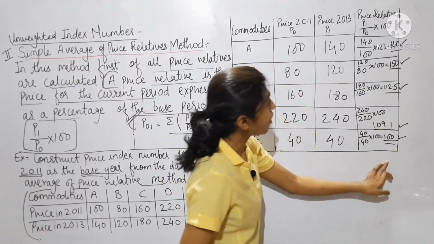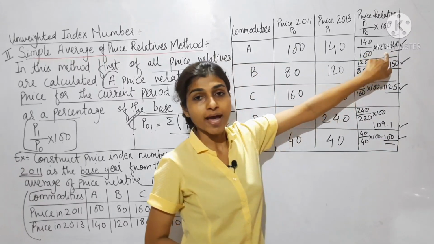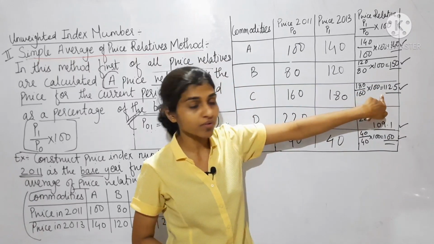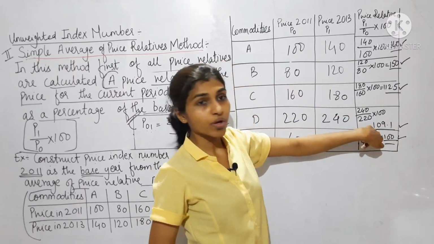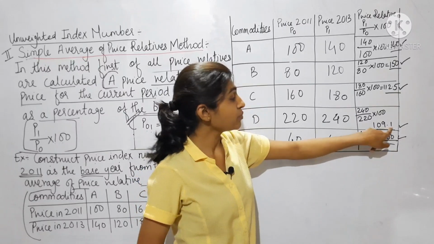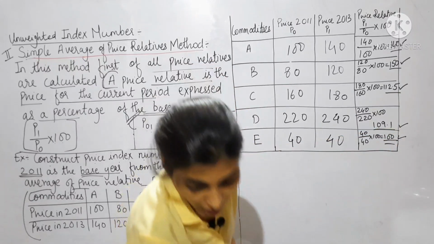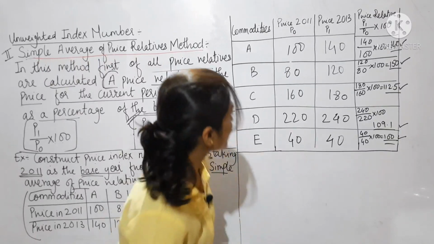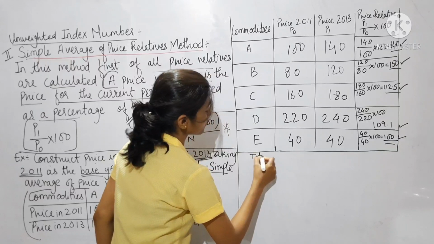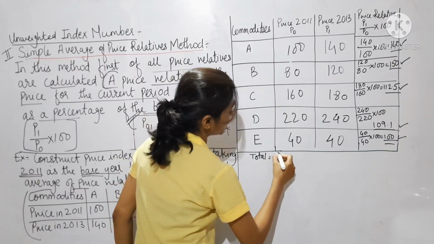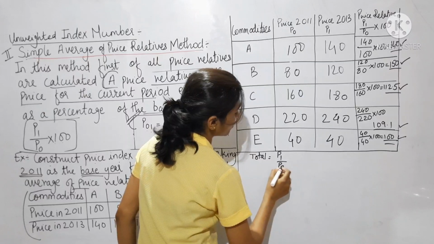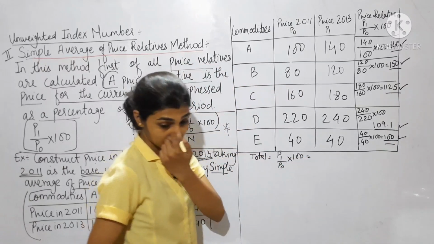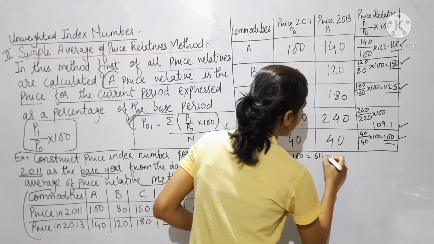Do the total of the values which you have got as price relative, 140 plus 150 plus 112.5 plus 109.1 and 100. So add it and answer you get, so total of P1 by P0 into 100 you get as 611.6.